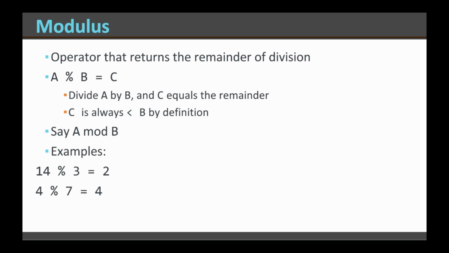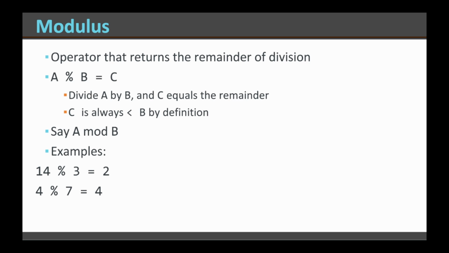Now we've looked at this a little bit. We looked at this in the alternating grid example in class the other day when we talked about iteration. There is the percent sign. It's called the modulo operator.